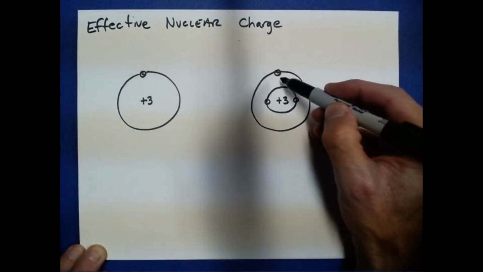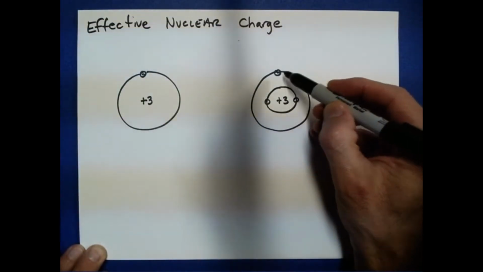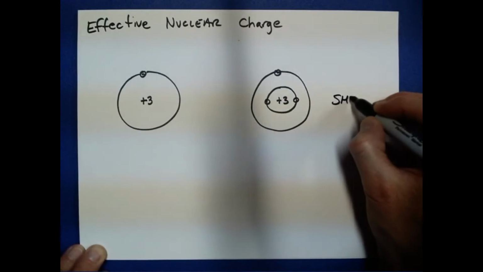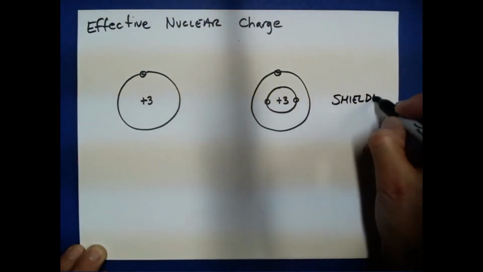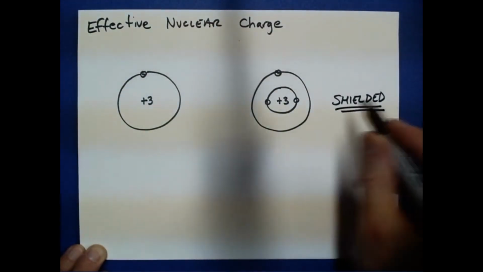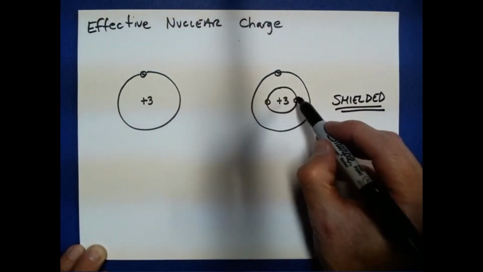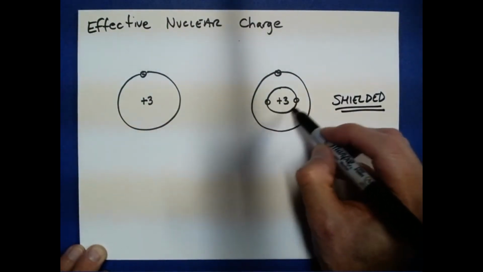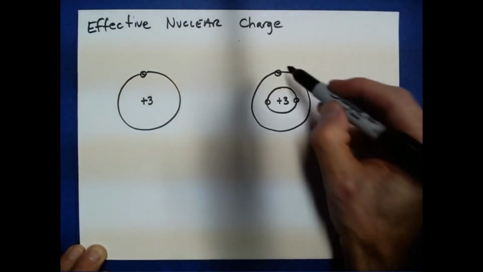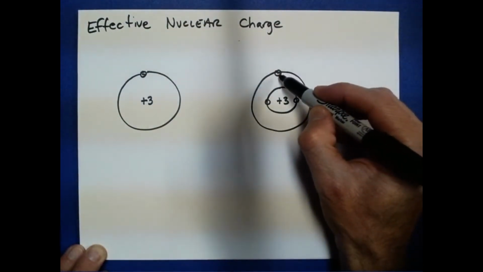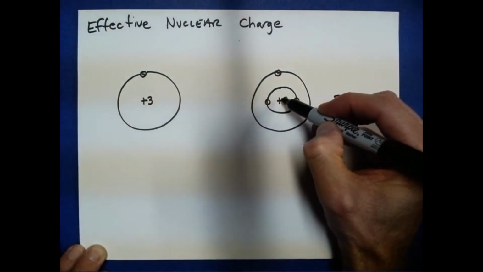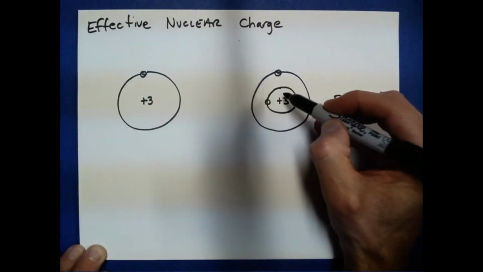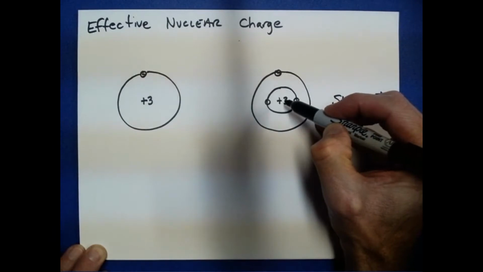Now in this case, what we say is that this outer electron is shielded from the nucleus by the presence of these 2 electrons here. See, these 2 electrons, as they orbit the nucleus, cause this electron to be not as attracted to the nucleus. They sort of block the force of attraction between this electron and this particular nucleus here.